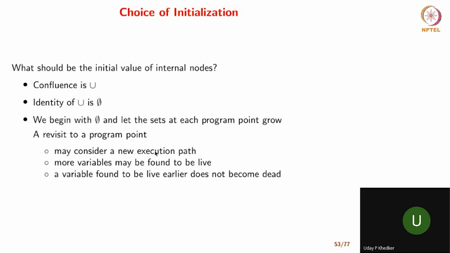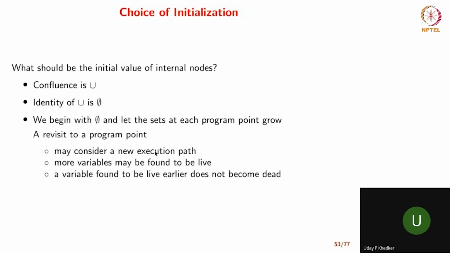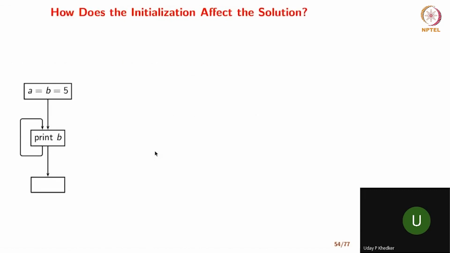If we discovered a variable to be live at one point, we will not later find it to be dead. We do not do non-monotonic computation. Therefore, the sets will always grow, and termination is guaranteed.